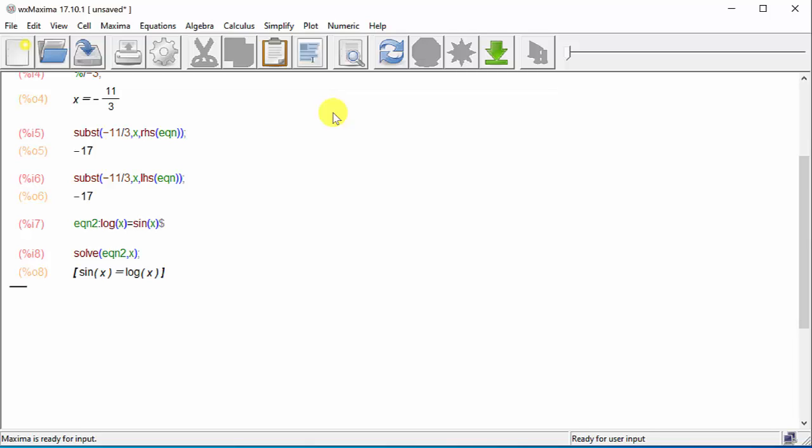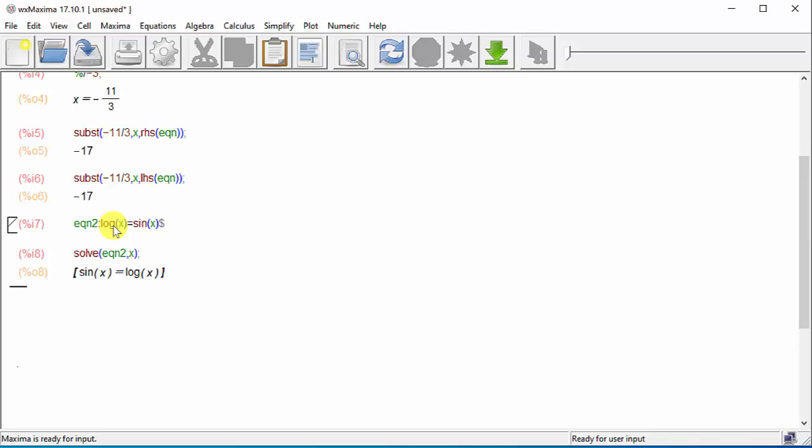Well, if we put sine x and log x on the same side, you notice we have our equation 2. We got log x here equals sine x. So if we move sine x to the other side, what happens?